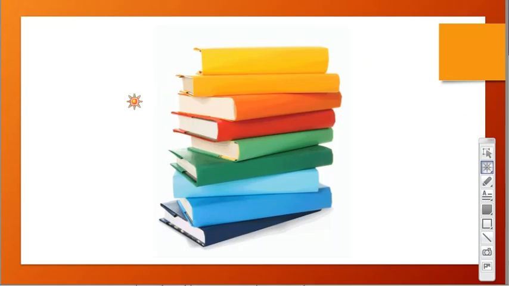This image is an image of a stack of books. We can also call this stack of books a set of books. Each of the books in this set would be called an element, and this set is finite because we can list the elements and we can count how many elements there are.